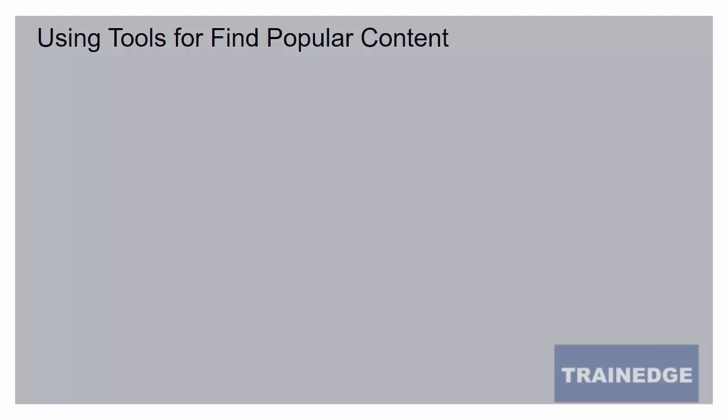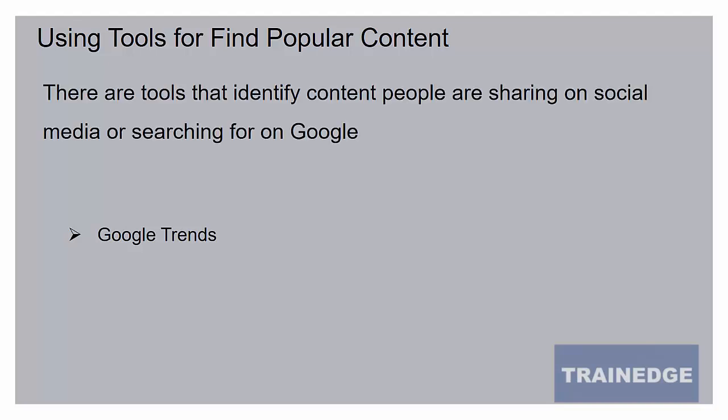You can also use tools for finding popular content. You can look at Google Trends, BuzzSumo, Ahrefs. These are all tools that you can use to find popular content.